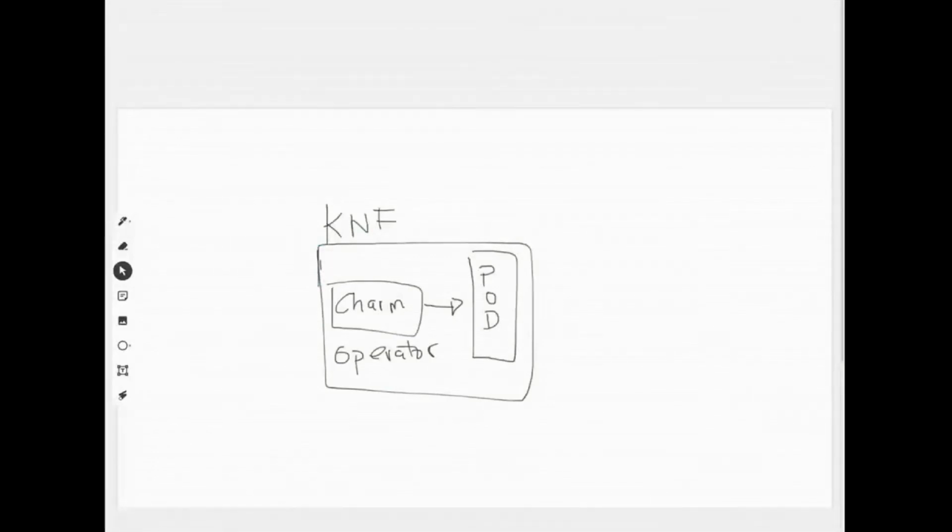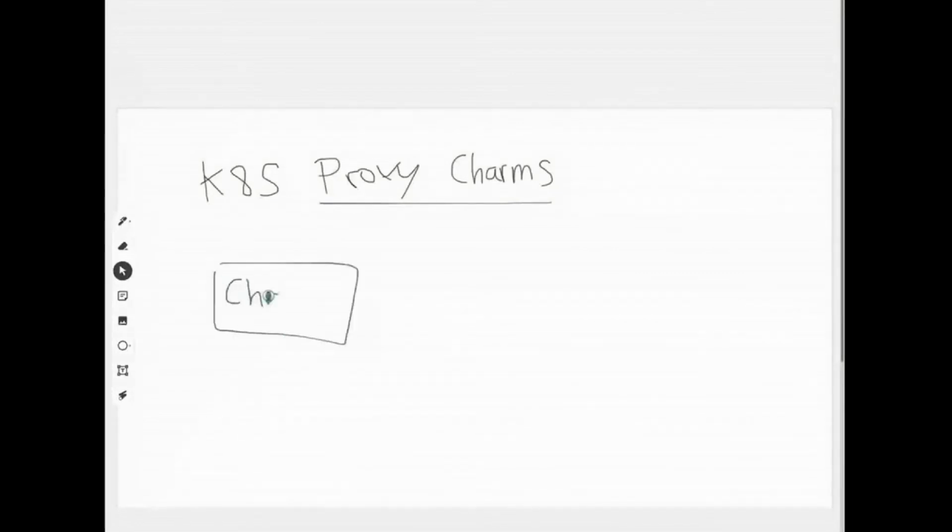But then the other thing is Kubernetes proxy charms. So in general, in proxy charms, what we do is we have a charm, that is the operator, and we have the VNF.